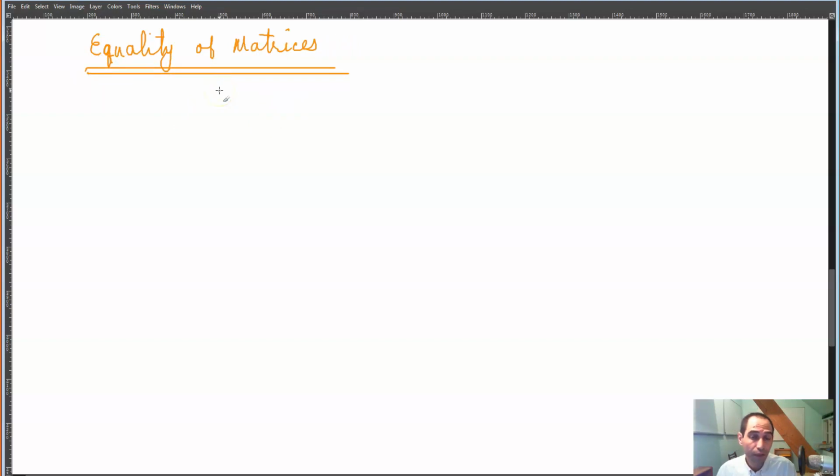the concept of matrices is a simple concept in mathematics, and it's usually very popular with students because it doesn't need much thinking, and therefore you can score relatively well with matrices in examinations.